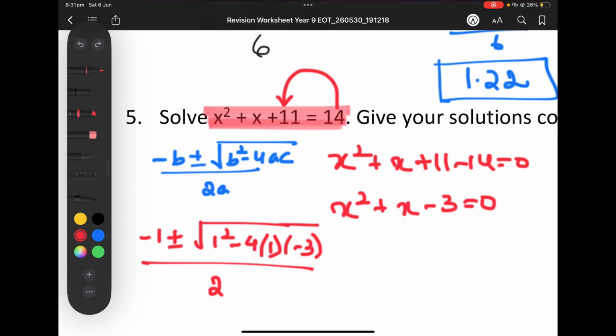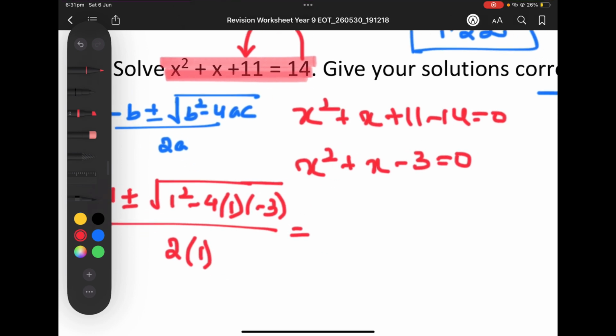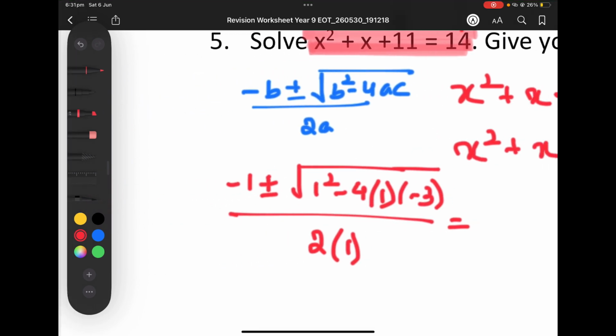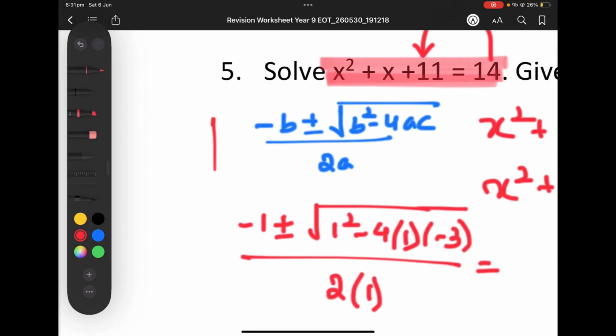Now here, why did I go back and check my answer? What made me redo my answer? Because we will never have a negative answer in the root. If I had done it the previous way, what was my mistake? Let us do that also. Minus 1 plus or minus under root of b square, that is 1 square, minus 4 times a, which was 1, and my c was 11, right?